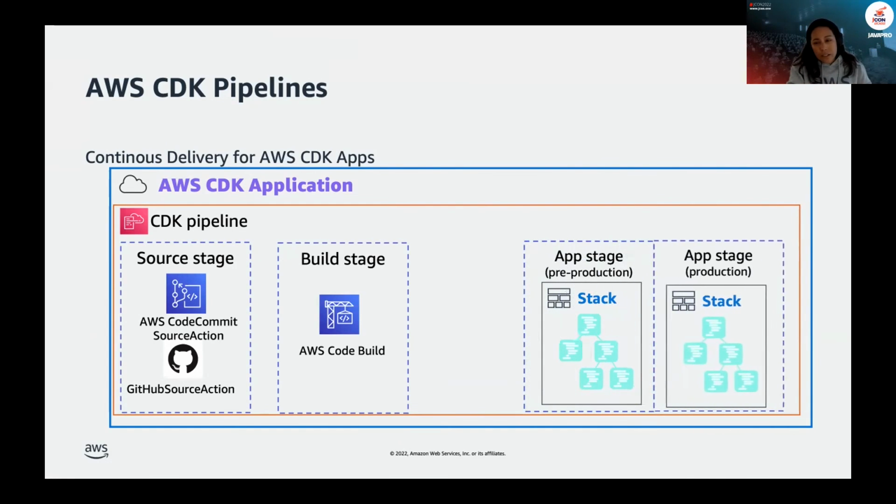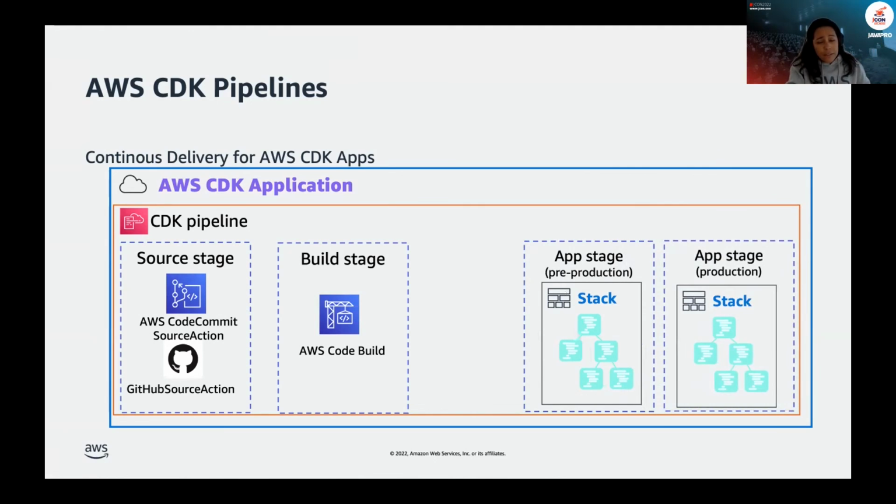And we can have stages for different environments and different stages of the life cycle of our application, one for pre-prod, one for prod. And also the interesting thing is that we can run the CDK pipeline in one account. It's going to be our CI/CD account, for example. And each of the stages can also deploy to a different AWS account.